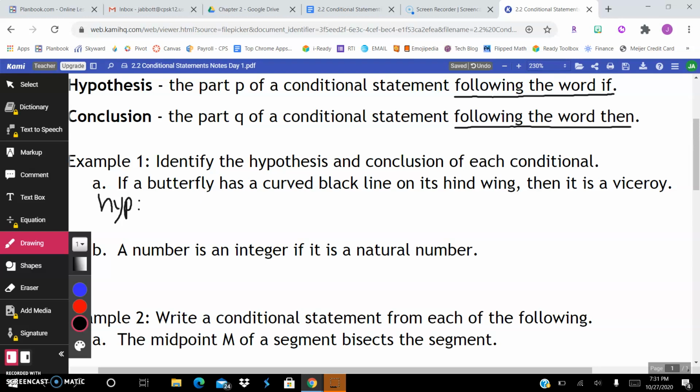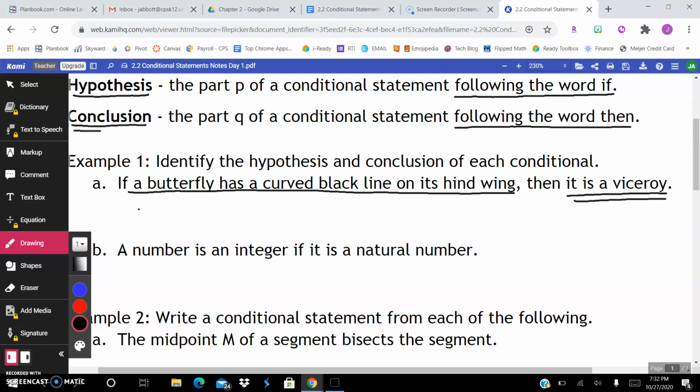So the hypothesis is that a butterfly has a curved black line on its hind wing. Actually, I'm going to do it like this. The hypothesis is going to get a single line, and the conclusion, it is a viceroy, will get 2 lines. So back up here, hypothesis will be 1 line, conclusion will be 2 lines.